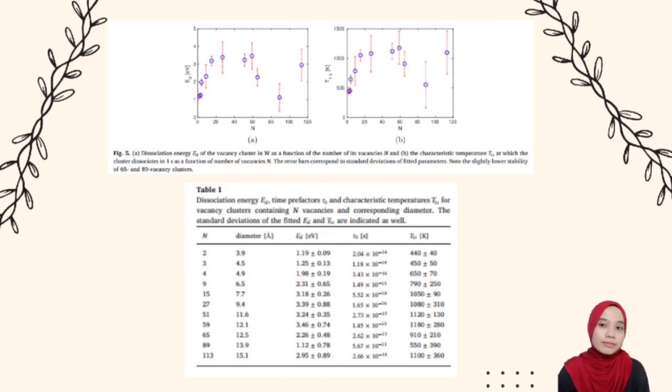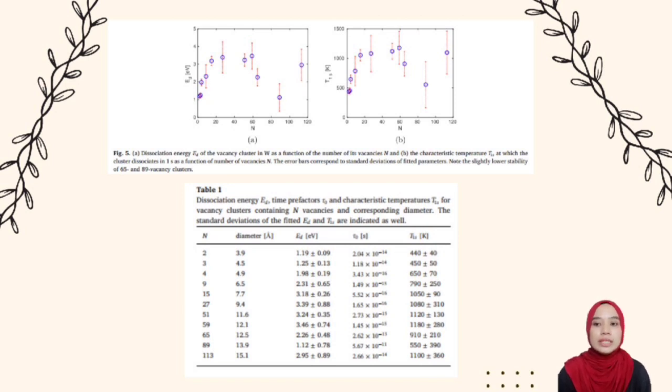In Figure 5b, the characteristic temperature at which the cluster dissociates in 1 s is shown as a function of the number of vacancies. It exhibits a similar behavior and is qualitatively comparable. Both the 65 and 89 vacancy clusters dissociate somewhat more easily than expected.